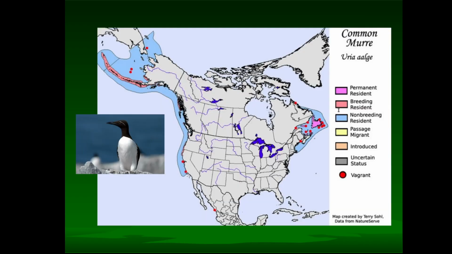In the case of seabirds, such as this common murre, at a local scale, nesting birds are territorial and defend their nests and young. So the dispersion is uniform at this local scale, even though it's patchy on the global scale. So here you have this patchy distribution on the global scale. Here, here, down here.